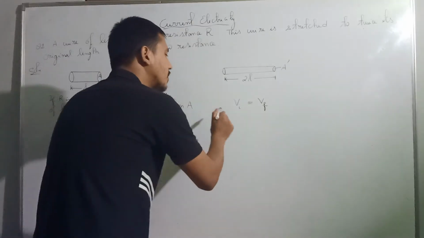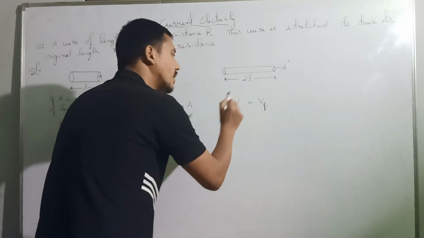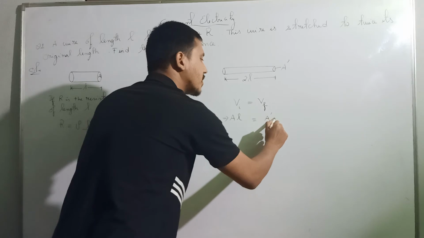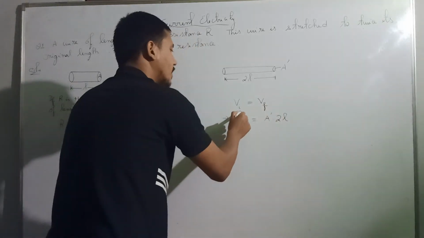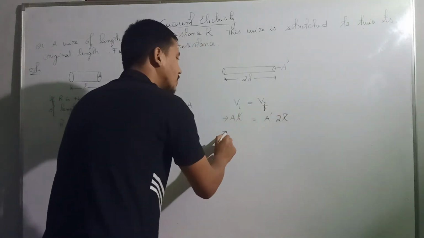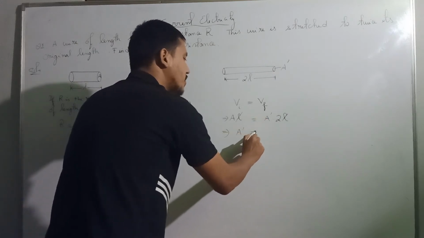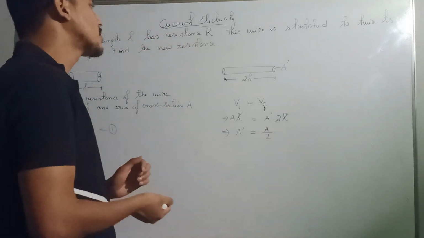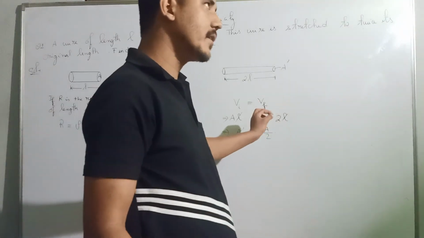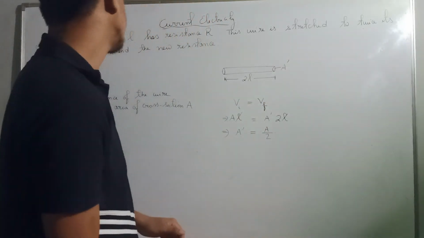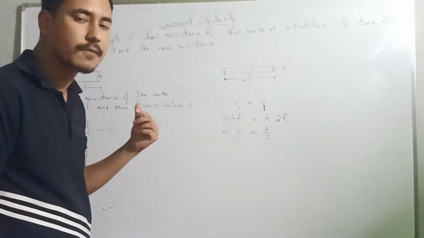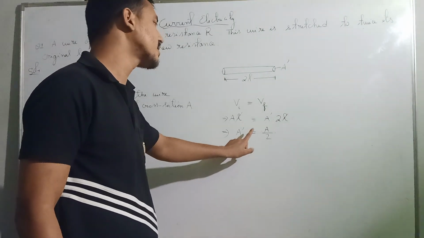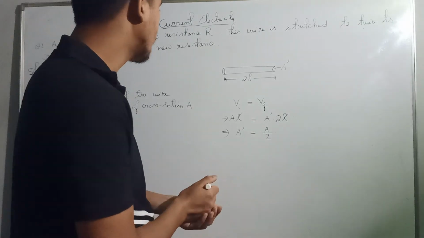Initial volume means area of cross-section into length, A into L. Final volume means A dash into 2L. Here L cancels out. So in that case, your A dash will be given by A upon 2. So if you stretch the wire to twice its length, the area of cross-section decreases to half of its original value.